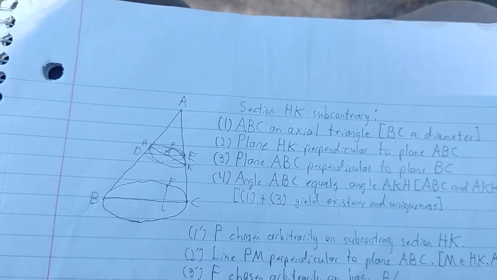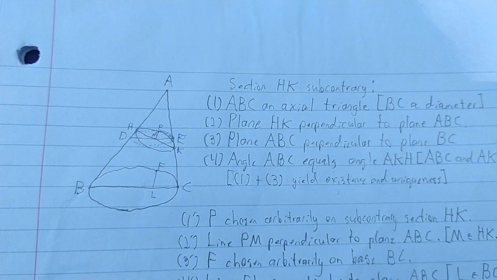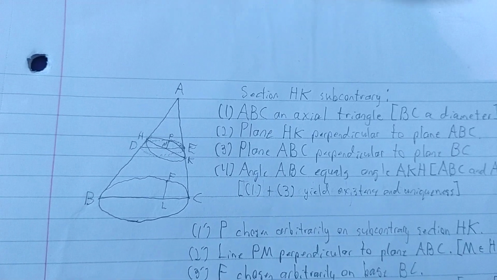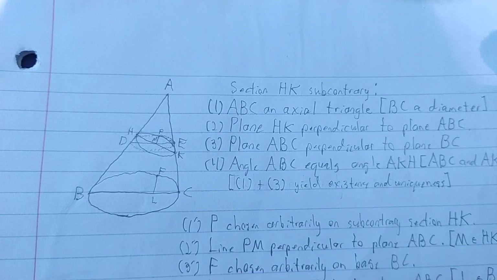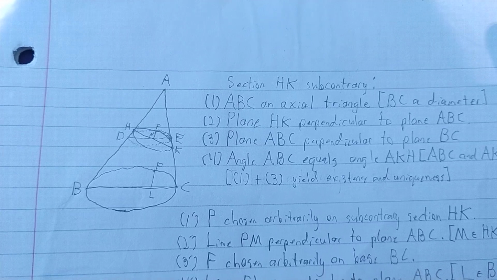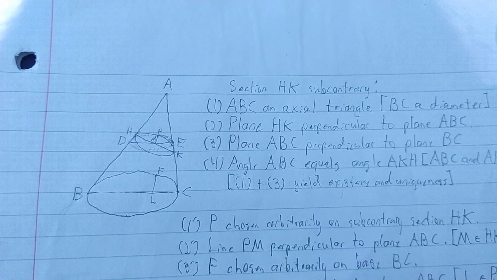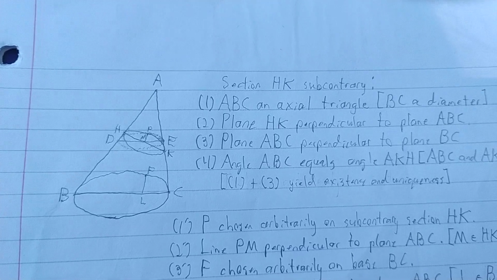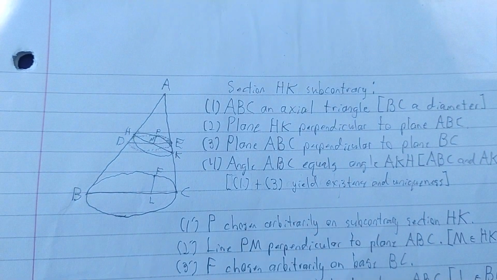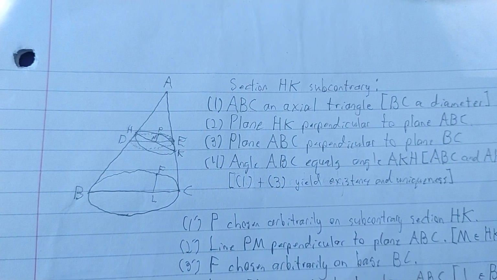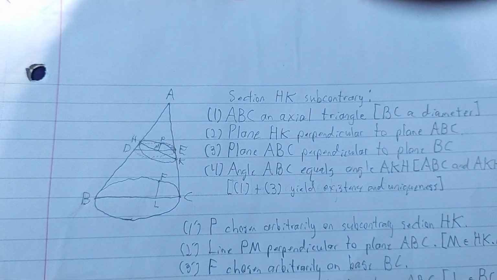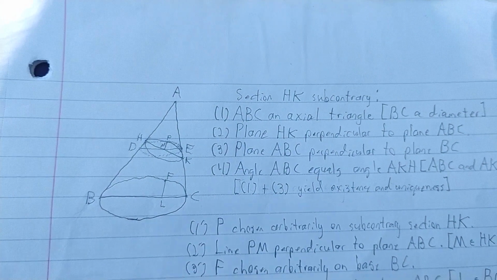So there's a really clever argument here. By our hypotheses, the triangle HDM is similar to the triangle EKM, because both the angle AKH and the angle ABC are equal to the angle HDM, and the angles at M lie opposite, so the angles must be the same, so the triangles must be similar.